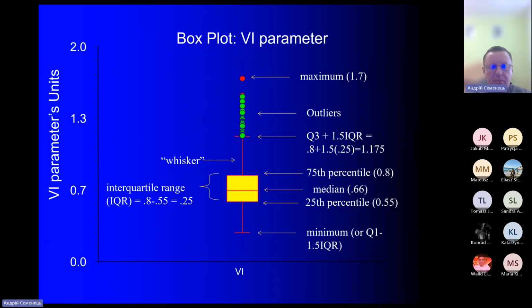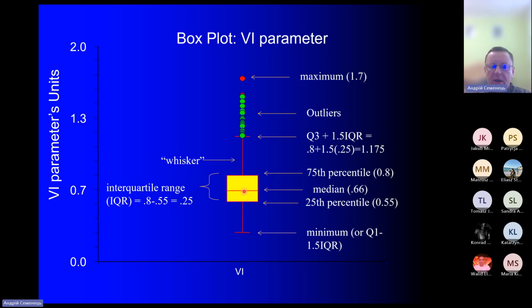And as I already said, a very useful tool to visualize all this data is the box plot chart, which shows us a number of descriptive statistics parameters at a time in a single tool.